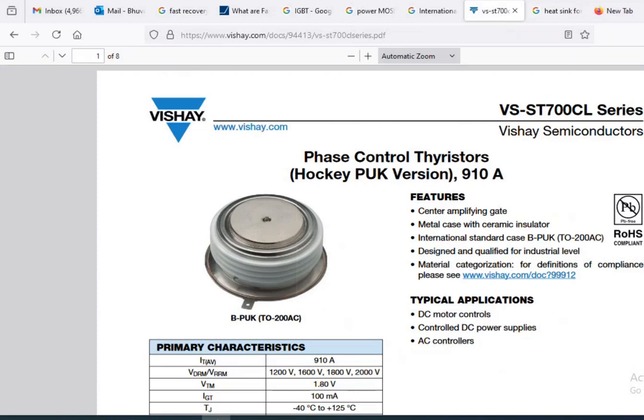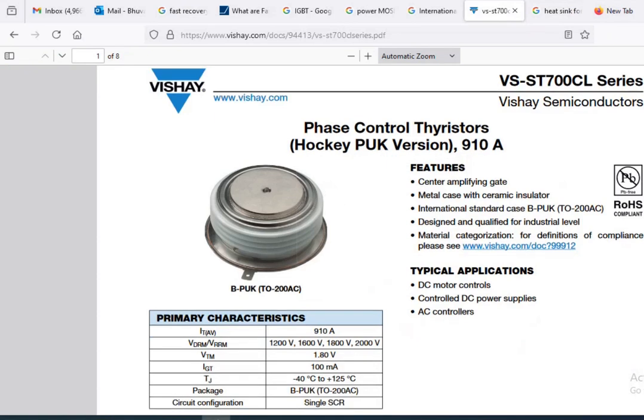And by the way, when we read the data sheet, this is typically a data sheet of one of the thyristors. So this is actually an ST700CL series thyristor SCR. You can see what is the reverse maximum voltage and forward blocking voltage it can withstand.